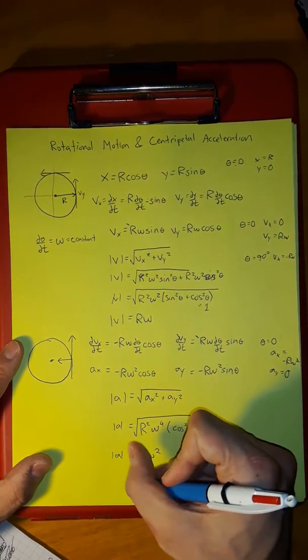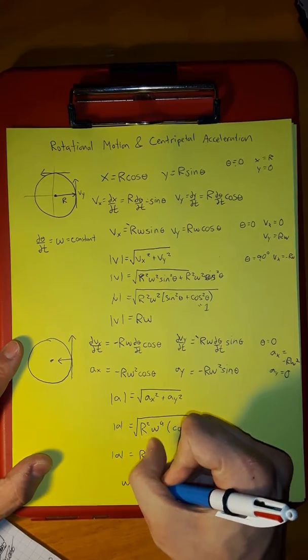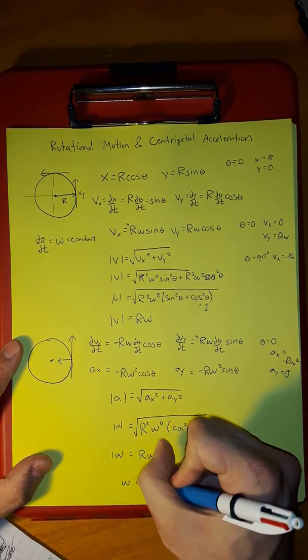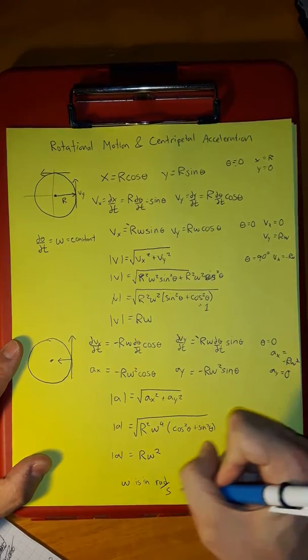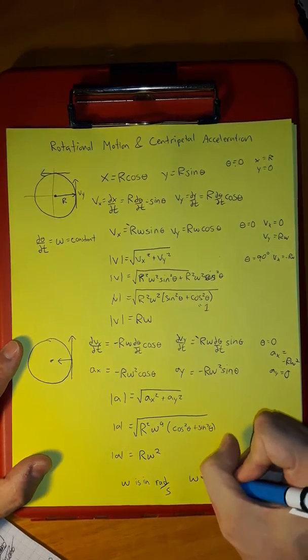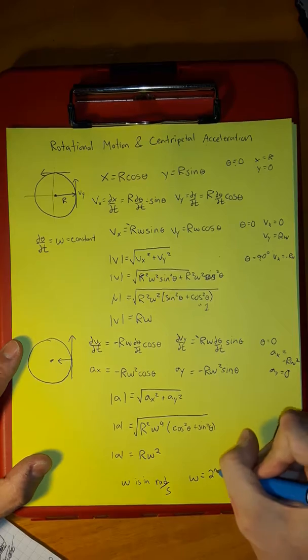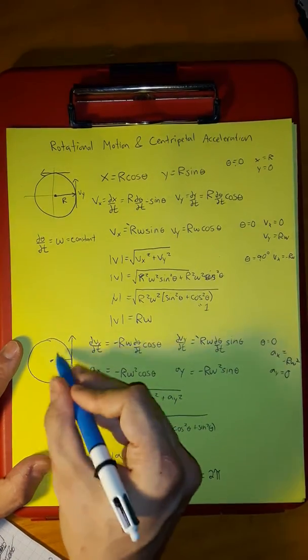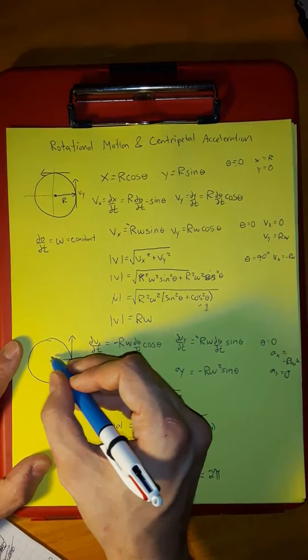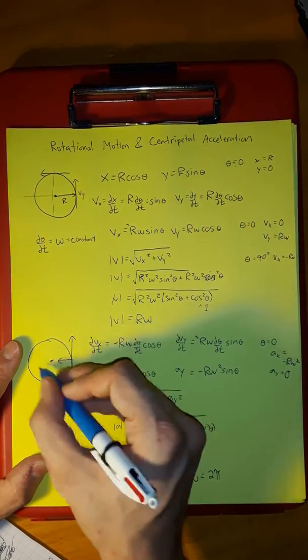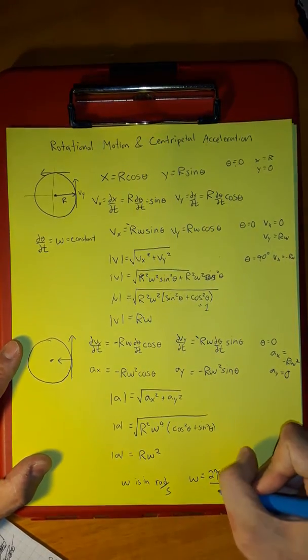So here, omega is in units of radians per second, and omega is equal to 2 pi divided by the period.